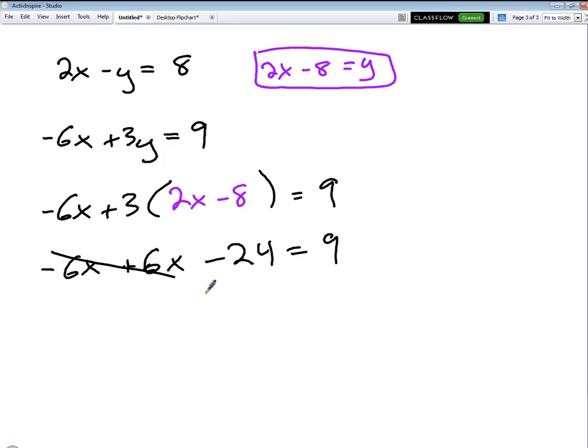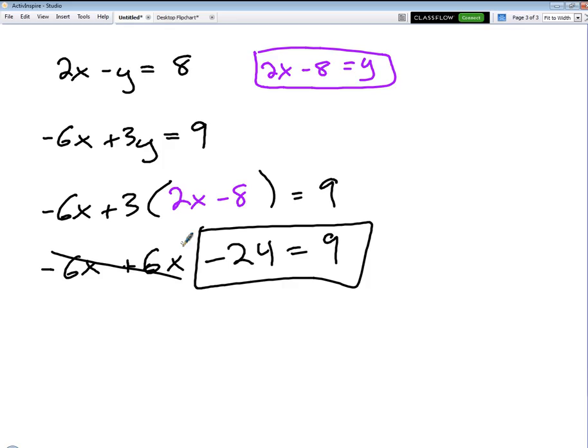And I get the answer, -24 equals 9? When is that true? Never. So we interpret that as no solution, right? So what does that probably mean about those 2 lines? How could you have 2 lines that never cross? Parallel. Parallel lines. There you go.